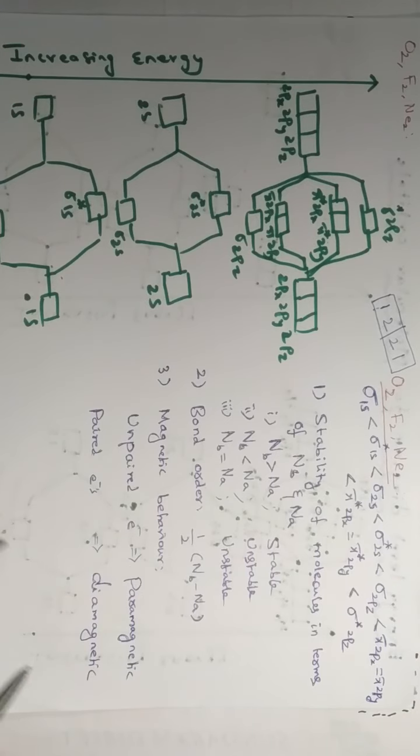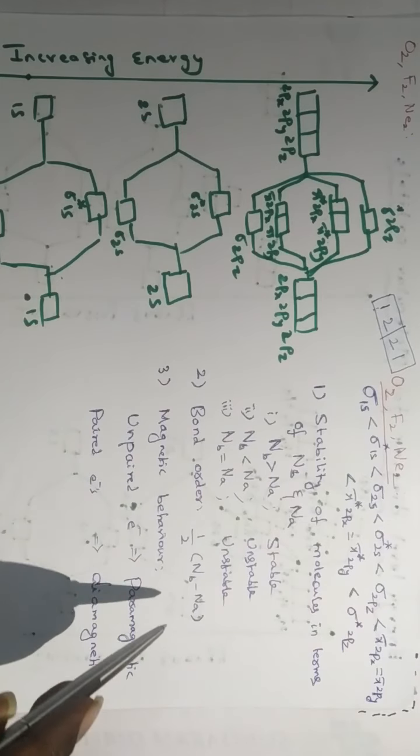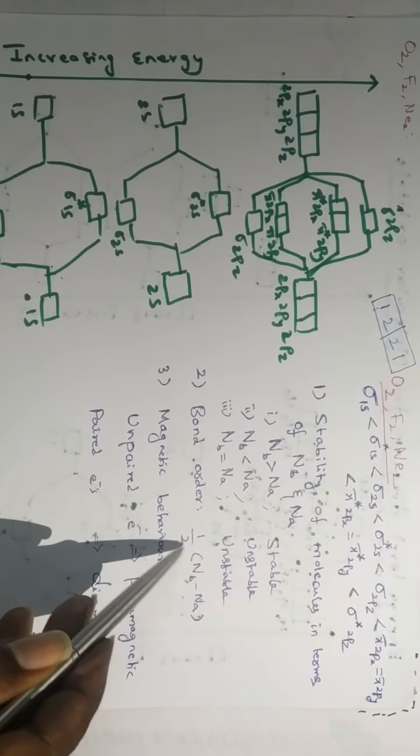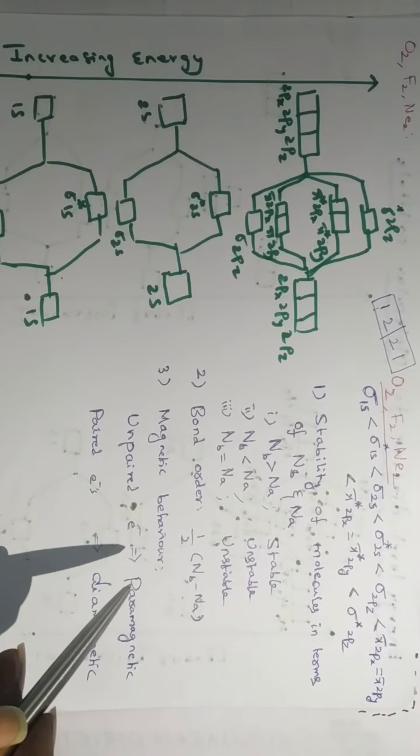Again, we can predict the stability of the molecules in terms of bond order. The bond order is defined as half the difference between the number of bonding and the number of anti-bonding electrons.